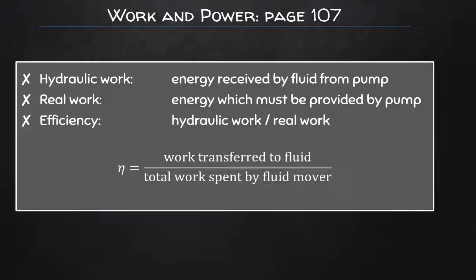Okay, so the energy that is delivered to the fluid is referred to as the hydraulic work that is achieved, whereas the real work that is required is the energy that is needed by the pump to operate and deliver the hydraulic work to the fluid. So therefore the efficiency is the ratio of hydraulic work and real work. Okay, so let's say the hydraulic work was 80 and the real work was 100 cabbages or watermelons, then we get an efficiency of 80% or 0.8.